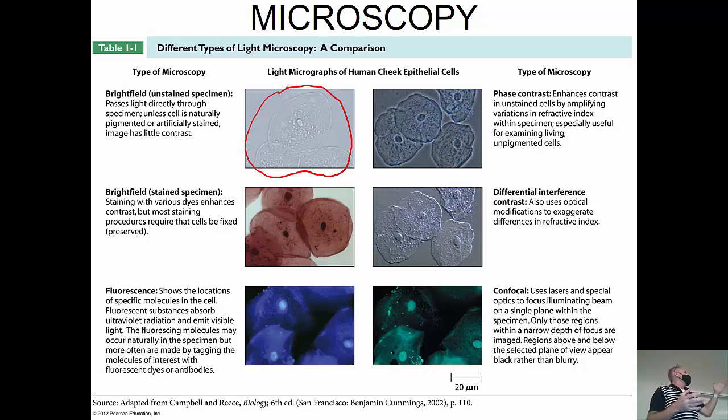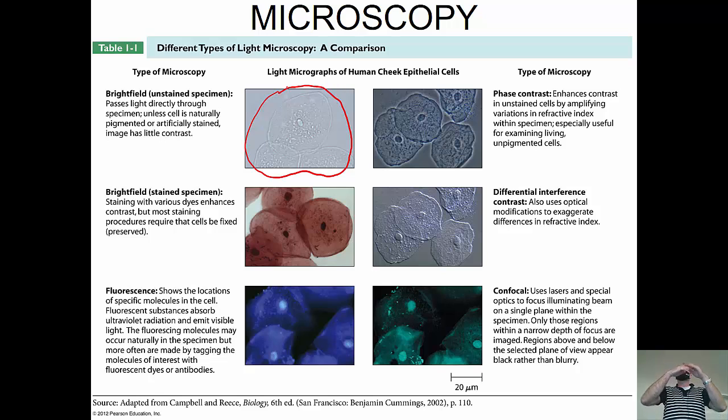What's the big issue with this type of microscopy? You can't see much, right? Because most cells are translucent, meaning the light moves more or less through them and is not highly blocked. So we usually add stains. If you're working in a lab with a bright field microscope, you usually use a stain, okay?